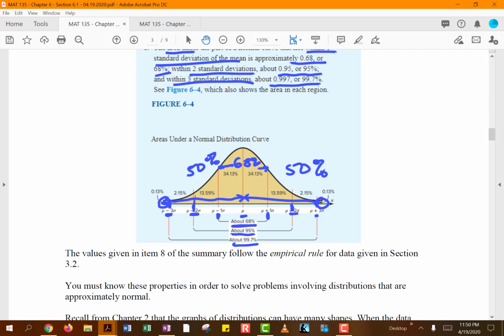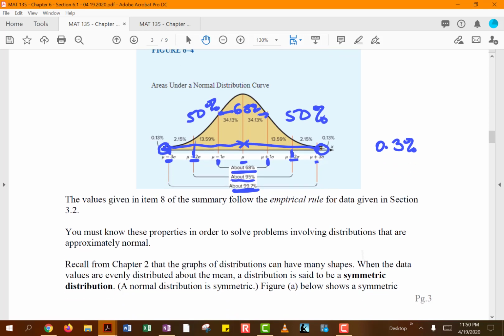Together both of those sides will end up making 0.3% of your data in just those remaining tail areas, because remember, the total area underneath our curve will add up to 100%, and since this guy only goes to 99.7%, that of course tells you you still have 0.3% left over in those tails.